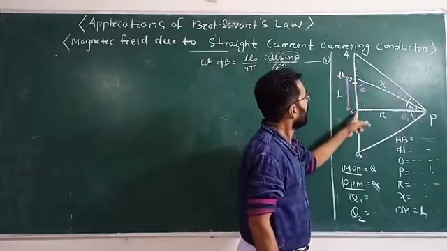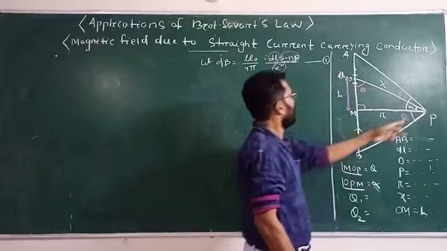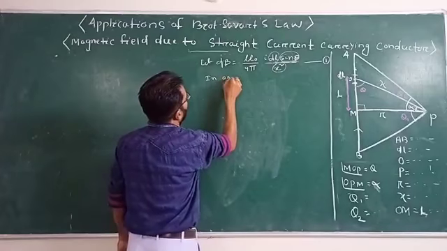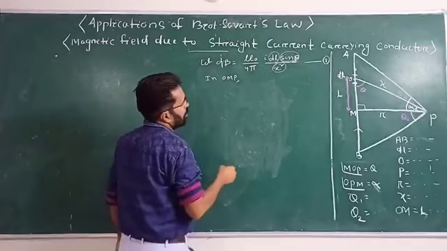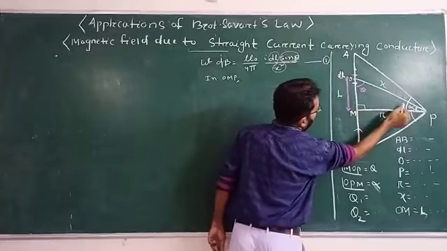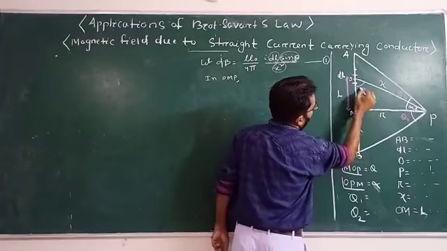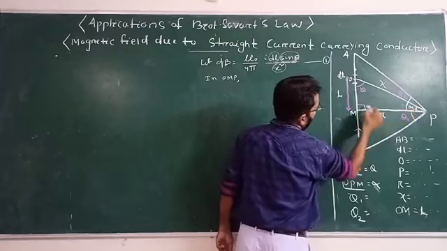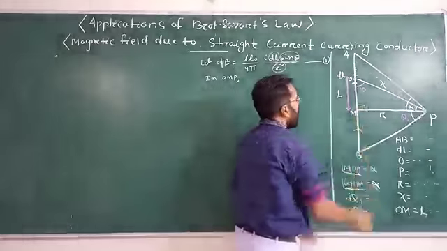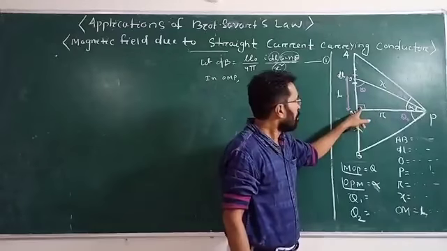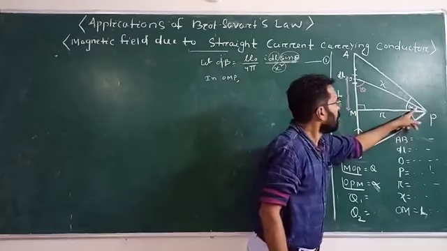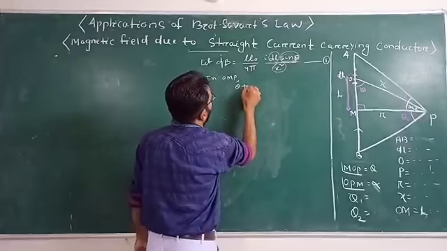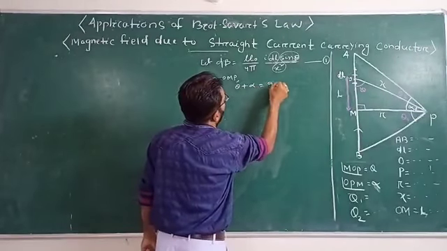Okay. In triangle OMP, you know the sum of these 3 angles is 180. Since one is 90 degrees, the sum of these 2 is equal to 90. So theta plus alpha is equal to 90.